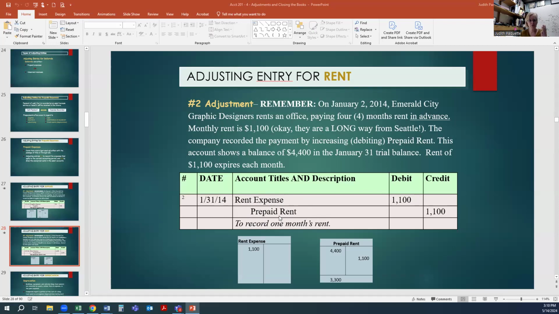So we take out 1,100 from the asset prepaid rent, and that reduces prepaid rent. And we increase an expense to show, hey, we incurred this expense. Okay. So it's going to be the same logic with insurance. It's going to be insurance expense and prepaid insurance.